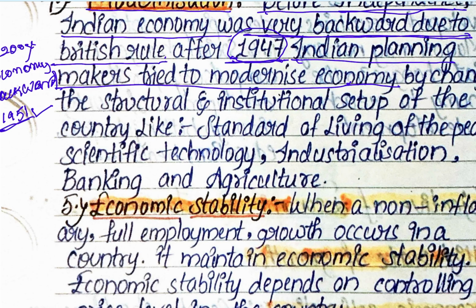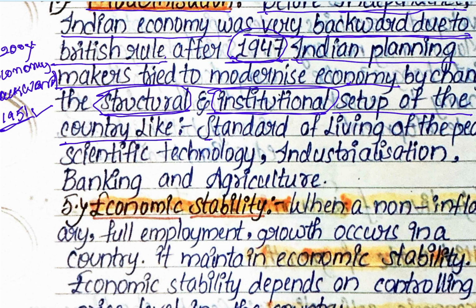Our planning commission members, the planners, tried to modernize the economy by changing the structural and institutional setup of the country. They mainly focused on changing the structural and institutional setup of the country.